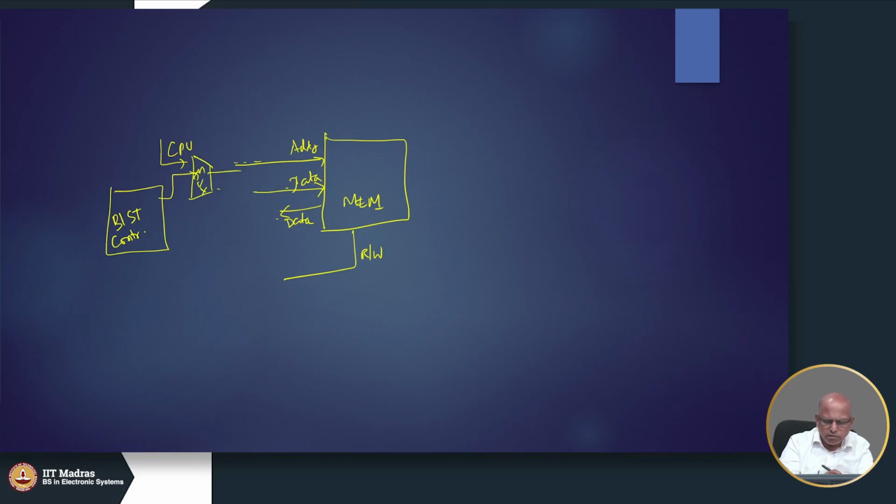Similarly, the BIST controller may provide some data that is based on the March algorithm, and the CPU data and the data provided by the memory BIST controller are going to be multiplexed. This data will go to both CPU and the memory BIST controller. This will come from CPU.